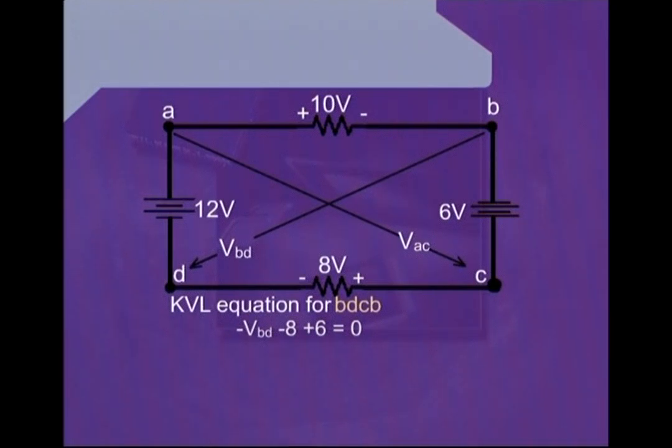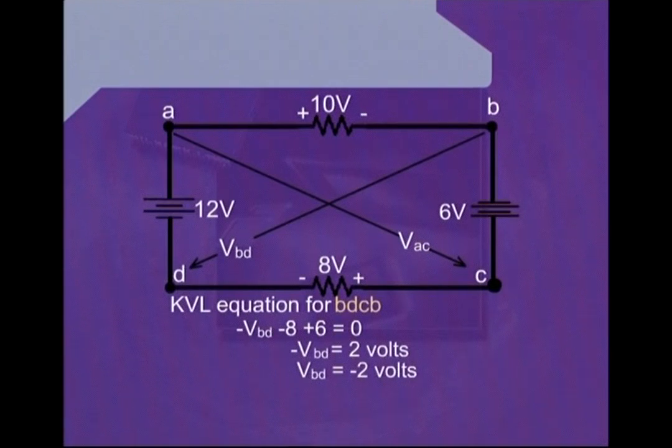And now, because we have reached the point B, which was our starting point, we have to stop writing the equation any further and equate whatever we have written to 0. Simplifying it, we have minus VBD is equal to 2 volts.